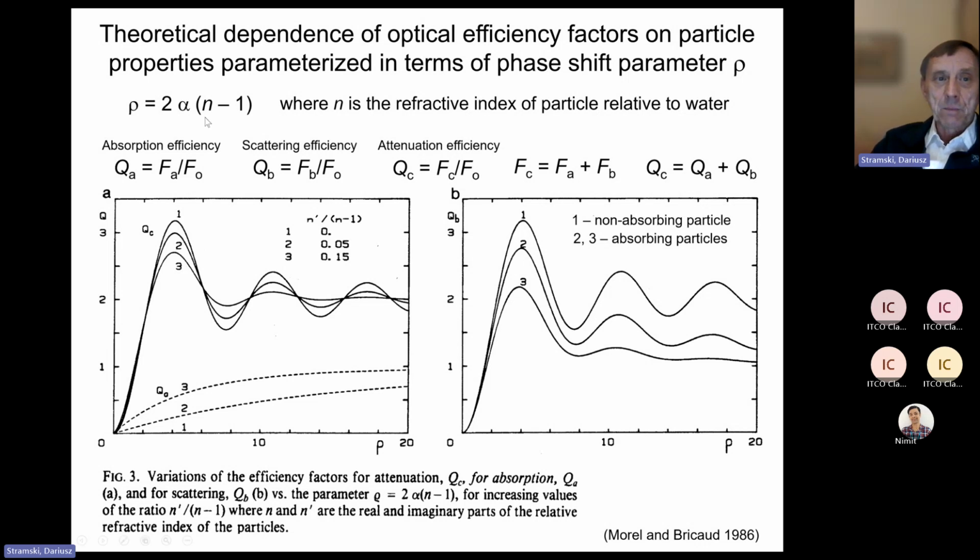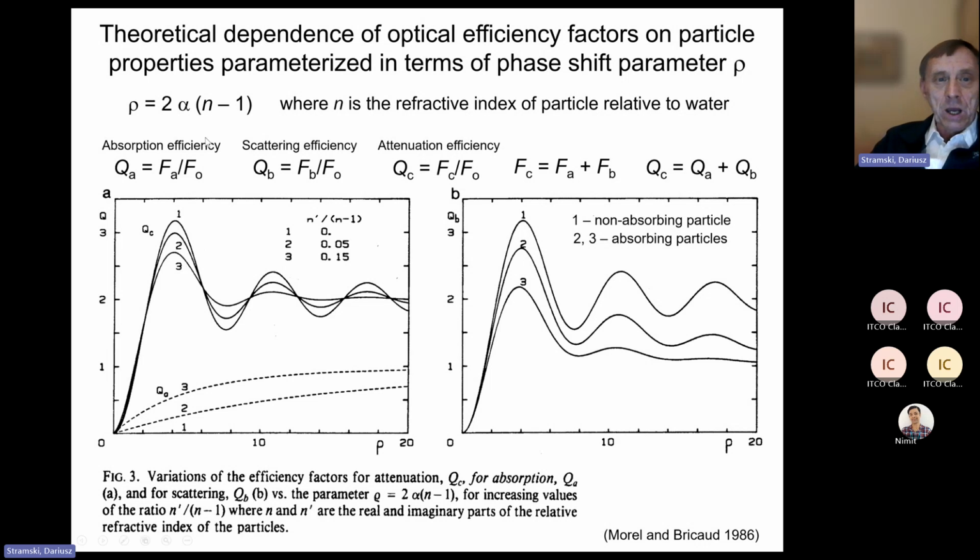So if n-1 is different from 0, it means there is a contrast in refractive index between the particle and the surrounding water, and that particle will contribute to the scattering.